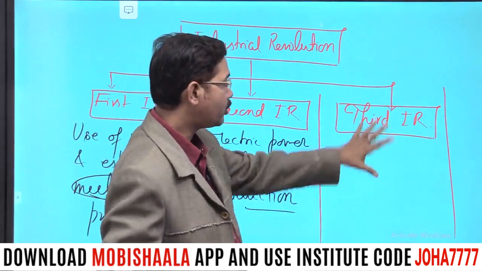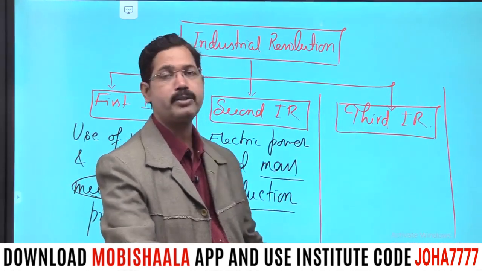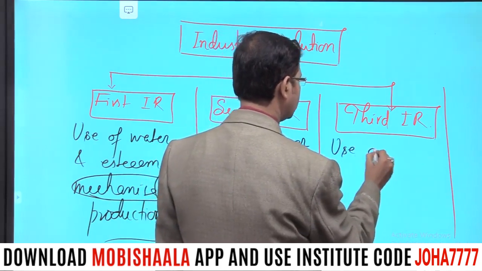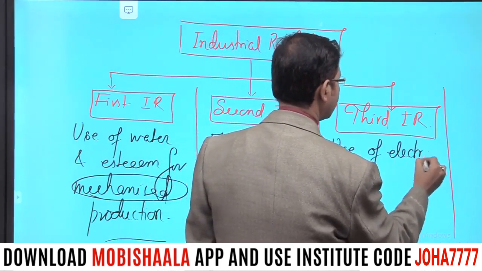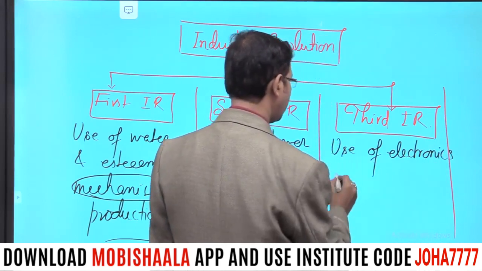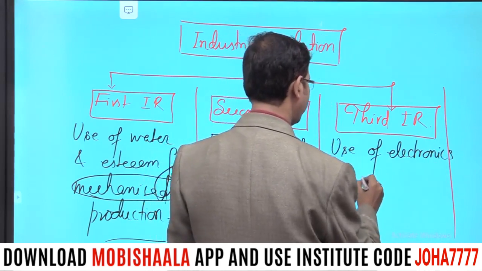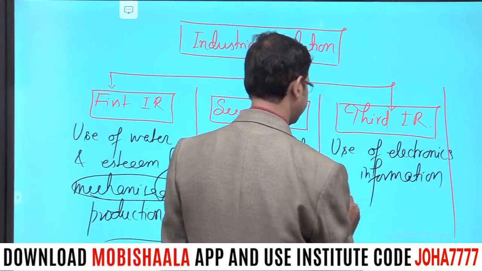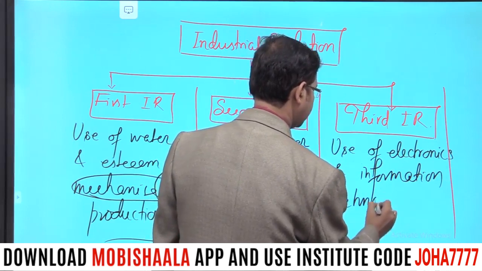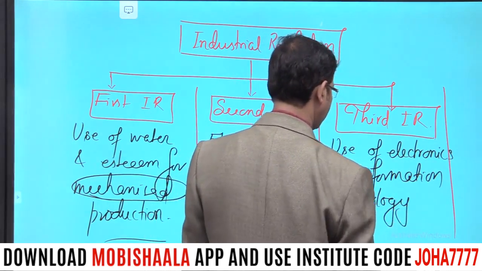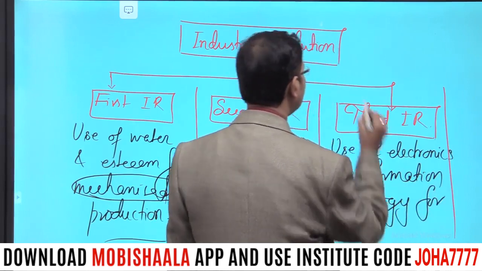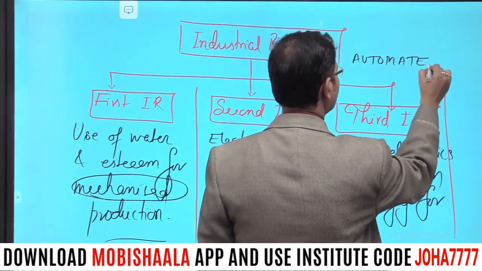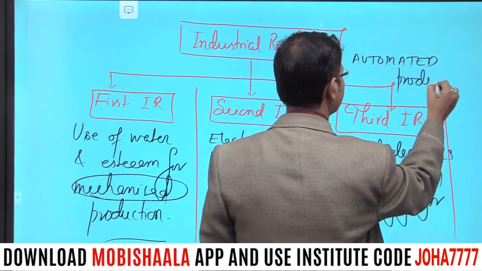But when the automated production started, it is the third industrial revolution. So there is use of electronics and information technology for automated, meaning on its own, automated production.